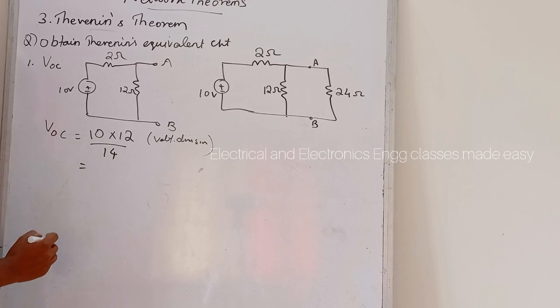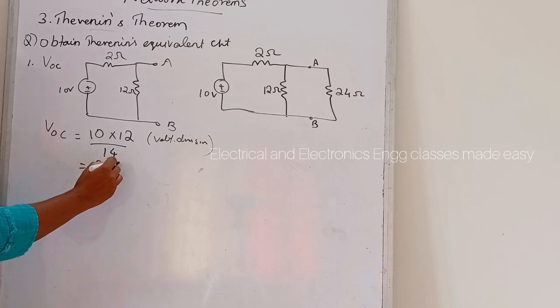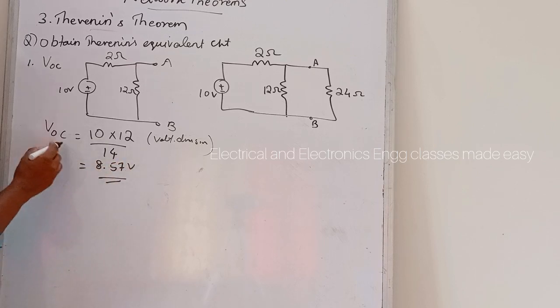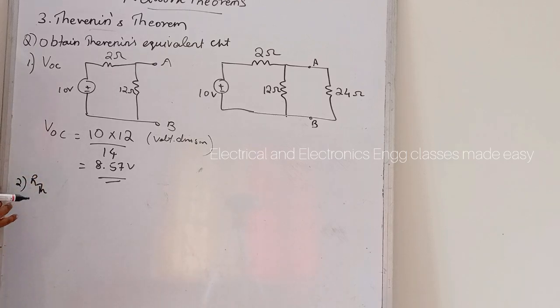And that is equal to 8.57 volt. So this is VOC. And in the next step, we have to find RTH.